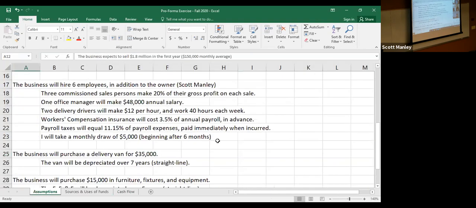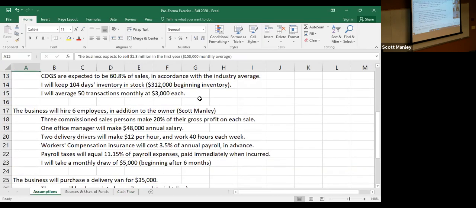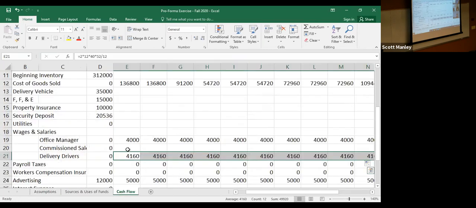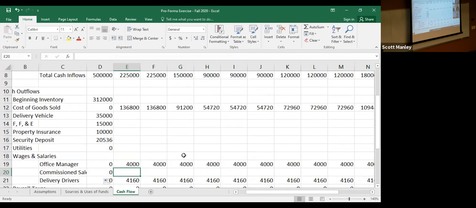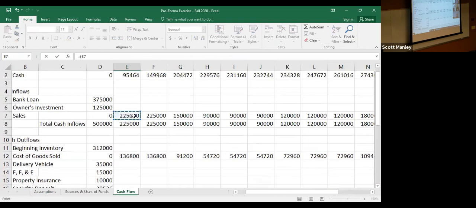The last one that I have to deal with is my commissioned salespeople who make 20% of their gross profit on each sale. I have to calculate that. Okay? How do I calculate that? I put in a formula that says take your sales, subtract your cost of goods sold, and multiply that times 20%.